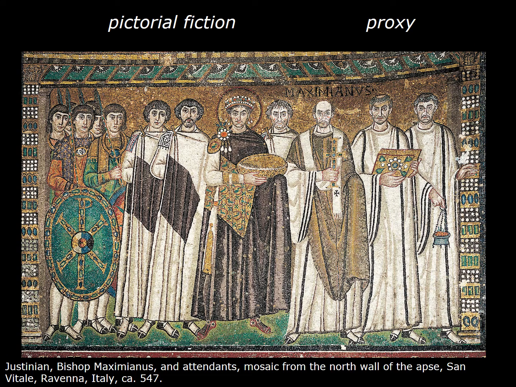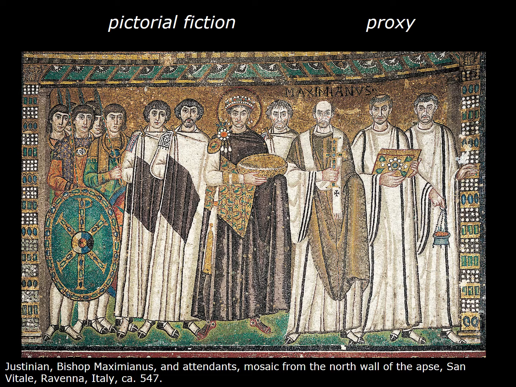But before we get there, I want to talk about one thing here. This idea of pictorial fiction or a proxy. Now, this is important. Justinian had never visited the church in Ravenna. Okay, he's never been here. However, his presence is felt, his presence is created through this mosaic.